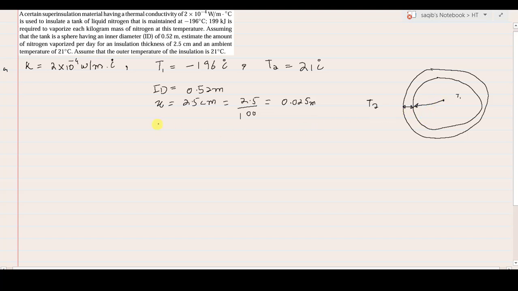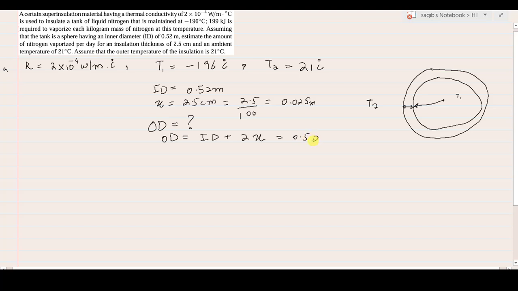Next we need to find the outer diameter of this sphere. The outer diameter will be equal to the inner diameter plus 2 times the thickness that is provided. So what is the inner diameter?